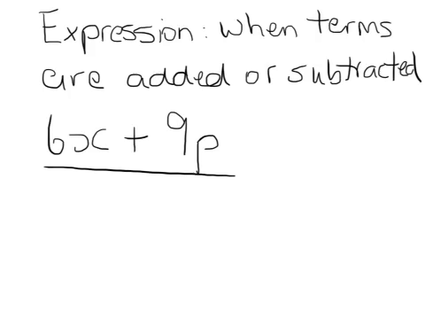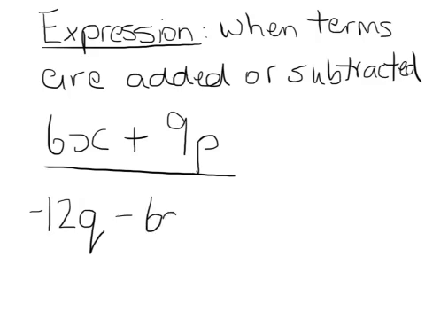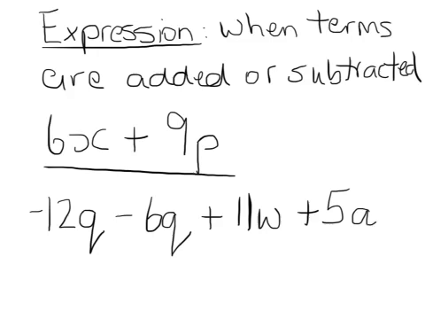The variables may be different in an expression, or the variables might be the same. I could have minus 12q minus 6q. The point is that I have two terms added or subtracted. I could have more than two terms. I could add 11w and then add 5a. This is an expression because I have terms added or subtracted.